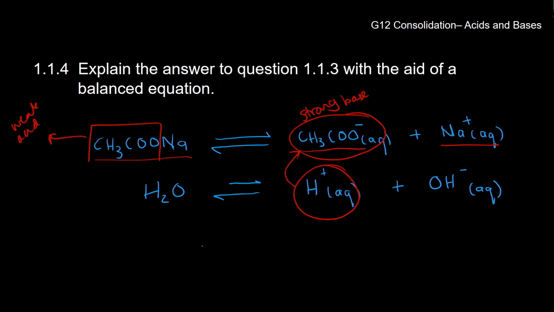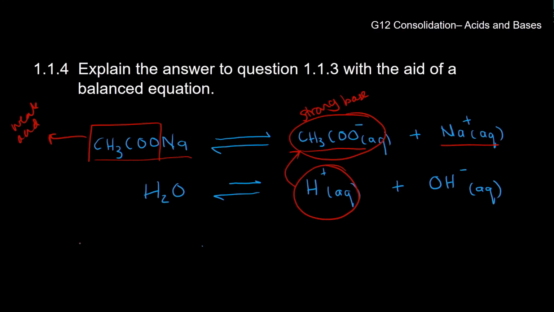ionization of water. So how can we show that in our balanced equation? We're going to write CH3COO minus aqueous plus H plus, and that's going to form CH3COOH.